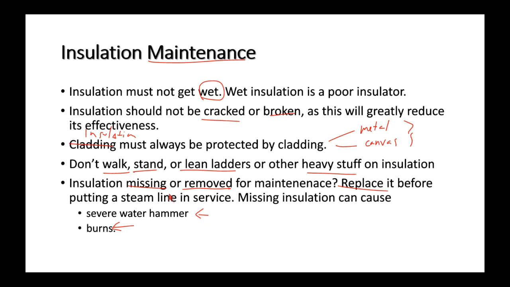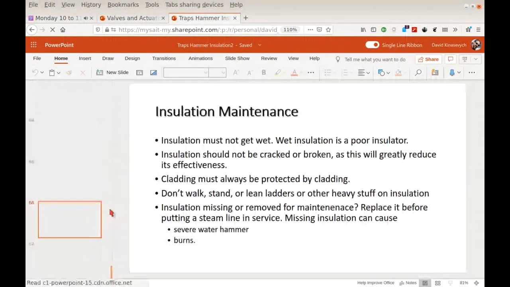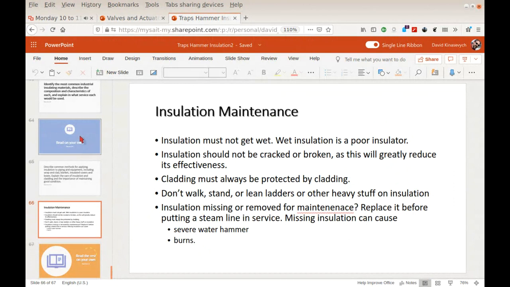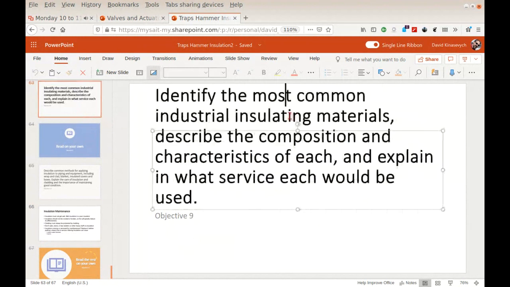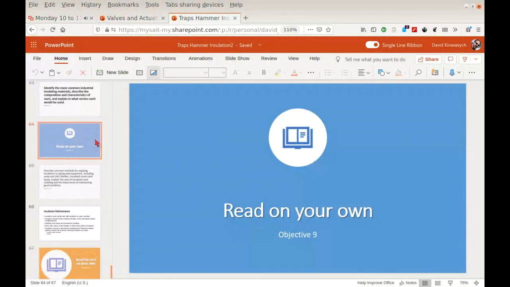Now there is some other stuff that I didn't do. For example, there's Objective 9. Objective 9 is identify the most common industrial insulating materials. You know what? Boring. Read it on your own.